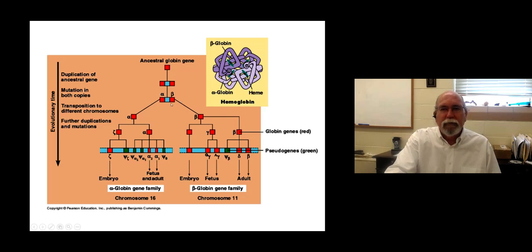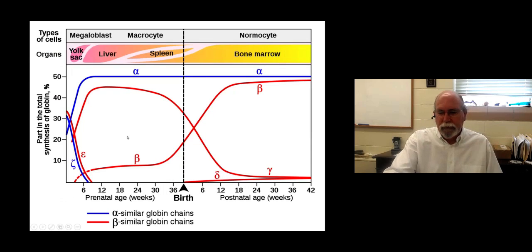But the alpha and beta forms actually are on separate chromosomes, and they're in different parts of those, okay? And there's even pseudogenes here. There are ones where we clearly see that some of these genes have been shut down, at least in human systems, okay? And of course, we have these embryonic forms, fetal form, and adult forms for all these different ones. So these all represent multi-gene families. Their existence, their forms are there, okay?